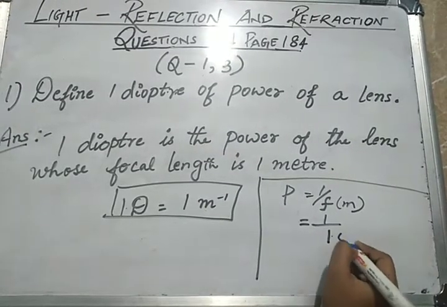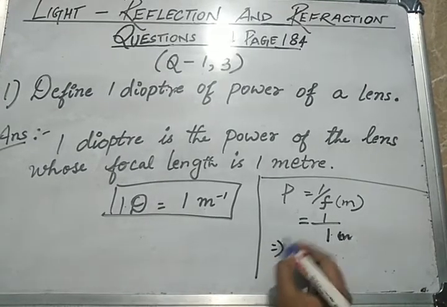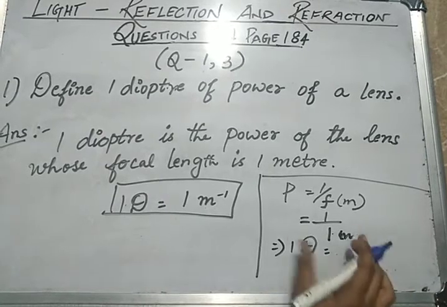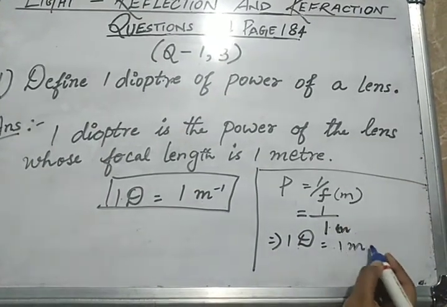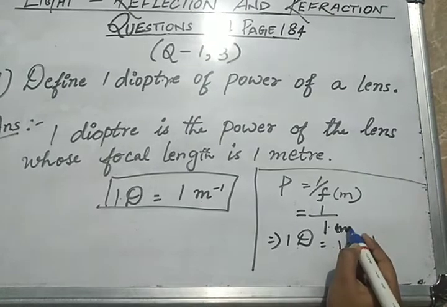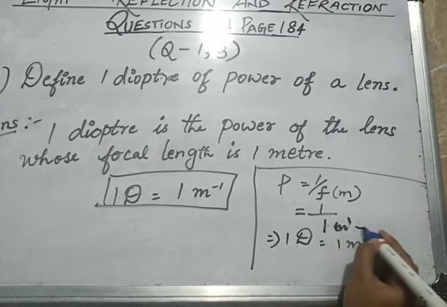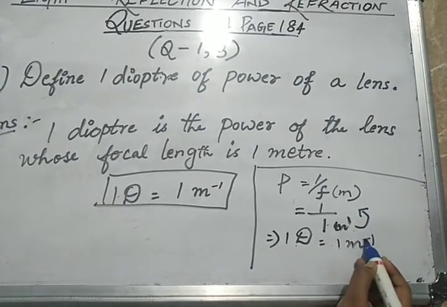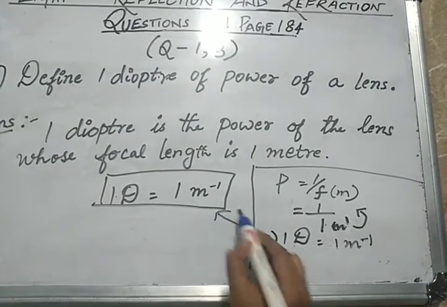This is 1 meter, right? Now this power is 1 diopter, okay? That is what we have written here, 1D means diopter. Because here the power of m is 1, but when it goes up, it becomes minus 1. So that is how we have got this equation.